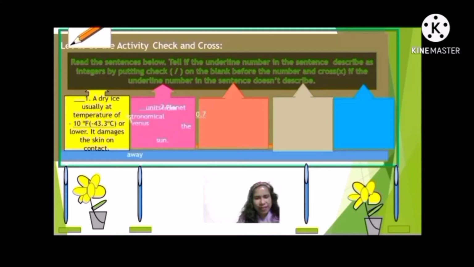Check or cross. Number 3. The Moon weighs 1/6 as much as the Earth. Check or cross.